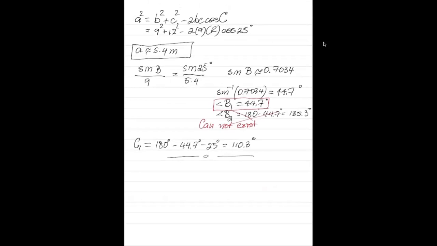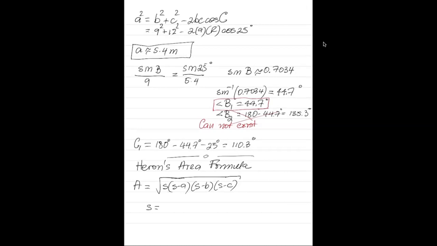Now there is another formula for the area of a triangle called Heron's area formula. It goes like this. The area of the triangle is the square root of S times S minus A, S minus B, S minus C, where S is the semi-perimeter.